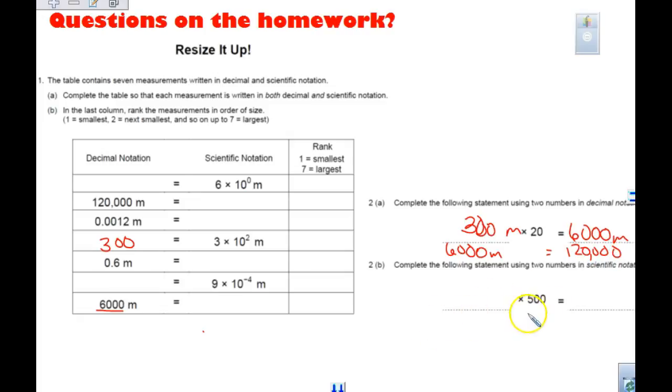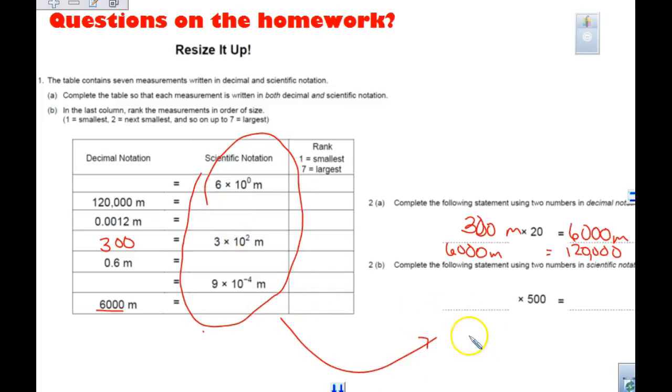Okay. If I'm looking at times 500, now this time I wanted you to pick numbers and write them in scientific notation for 2B. So there's at least 2 possibilities. Anyone have one of them? So you should have had, we have all these written in scientific notation. If I take 6, times 10 to the negative 1, so 6 times 5 gives us how much?